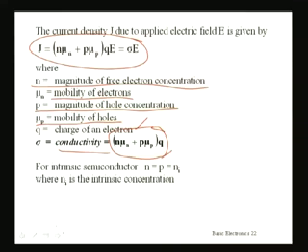So we get for intrinsic semiconductor, if we want to find out the current density, you will have to simply substitute Ni for N and P both.